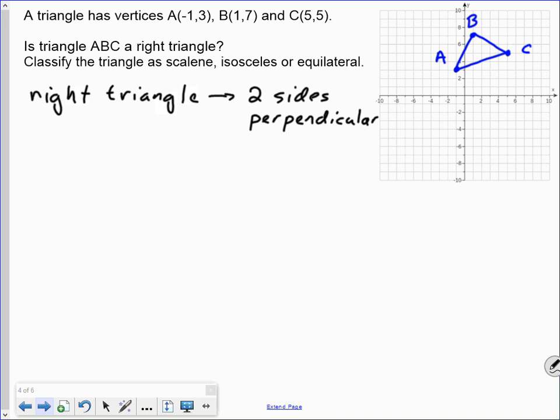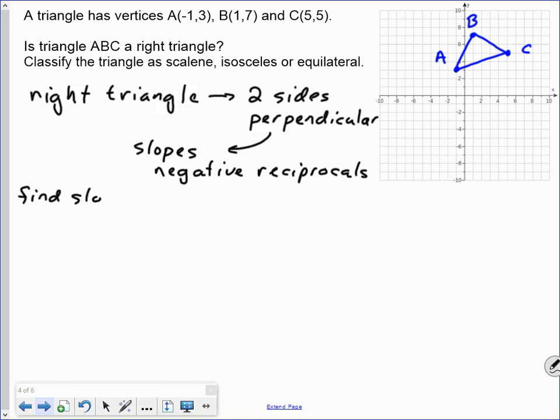If two sides are perpendicular, we know that their slopes are going to be negative reciprocals. So this suggests that we can use the coordinates of each of the sides of our triangle to find the slope of each side, and then see if any of our sides are perpendicular.